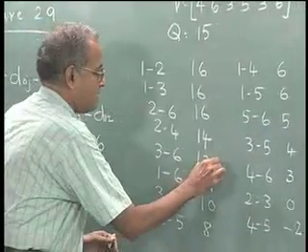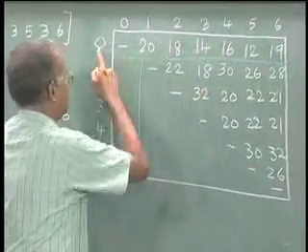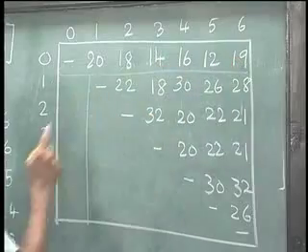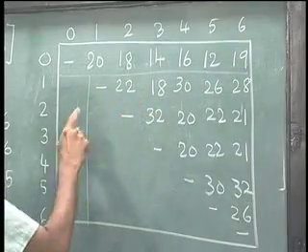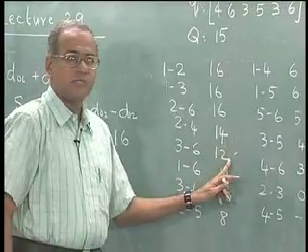Let us quickly verify some of these calculations randomly. Say, let us take 3 to 6. So, d03 is 14, d06 is 19, 19 plus 14 is 33, and d36 is 21. So, 33 minus 21 is 12.